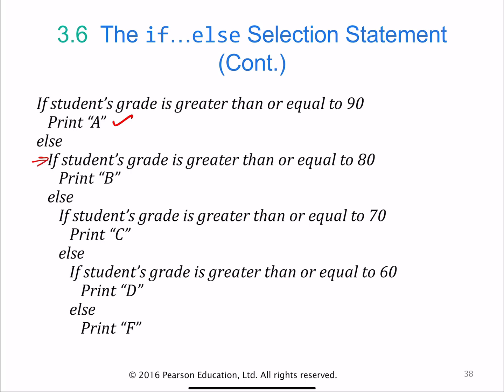And inside the else block, we have another if statement, checking if the student's grade is greater than or equal to 80, and if it is, print B. But if not, we'll jump into the else block that is paired with this second if statement, which itself is inside this else of the first if statement.